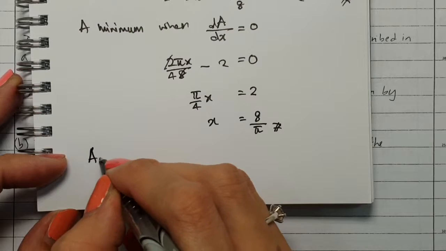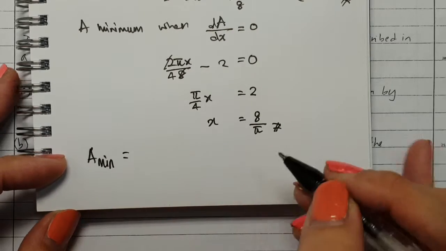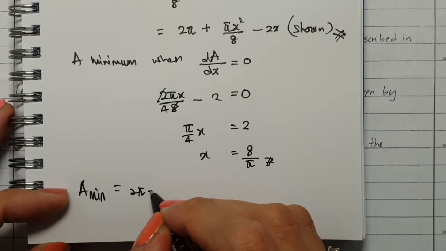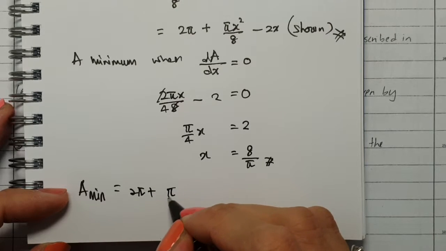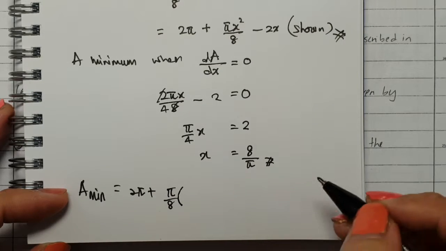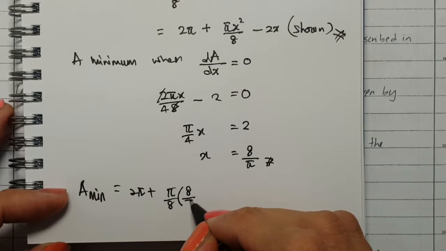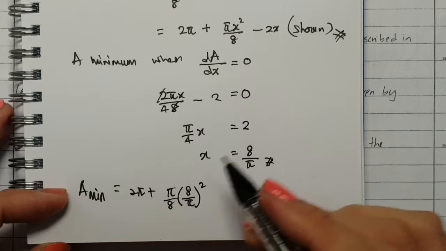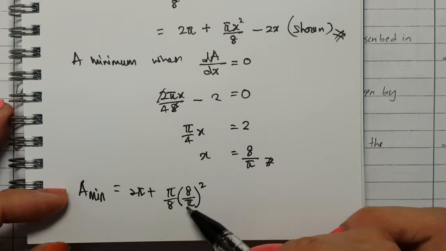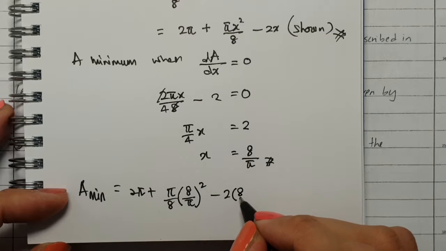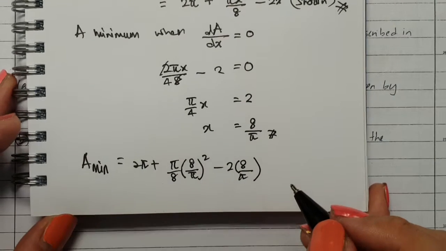So A minimum, now A is given by this formula, 2 pi plus pi over 8 times x squared, where x is replaced with 8 over pi, because it's pi x squared over 8, and then minus 2x, and the x is 8 over pi.